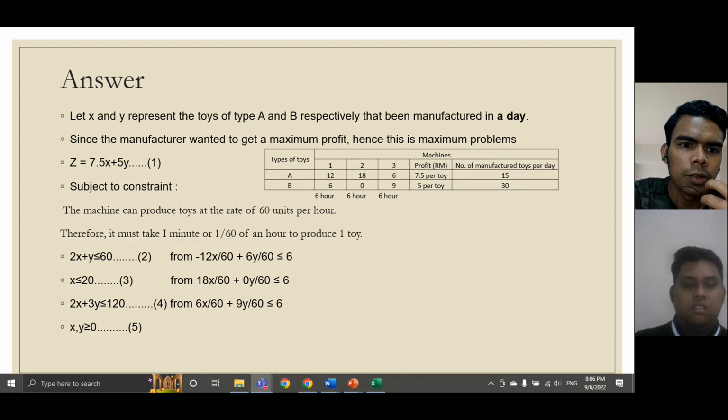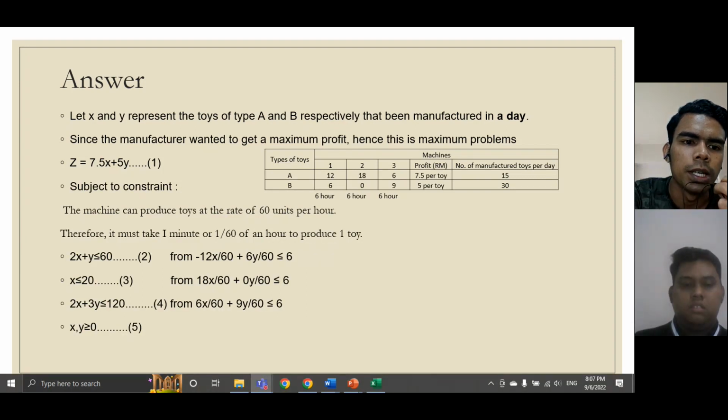For the subject to constraints, since the machine can produce toys at the rate of 60 units per hour, it takes 1 minute or 1/60 of an hour to produce a toy. So the first equation is 2x plus y less than or equal to 60.